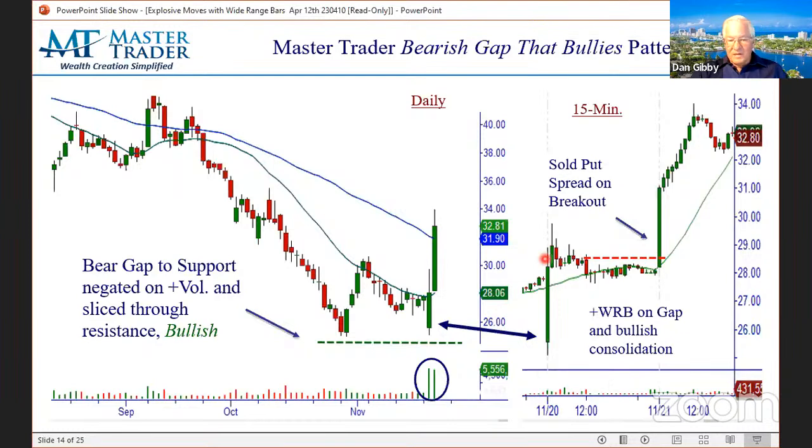No, what's the setup? Is there a price void? So this thing kind of just consolidated the entire rest of the day after this morning run. We entered it the next day on this bar because I have a big price void with a bear gap negated, wide range igniting, and we bought over this intraday resistance.